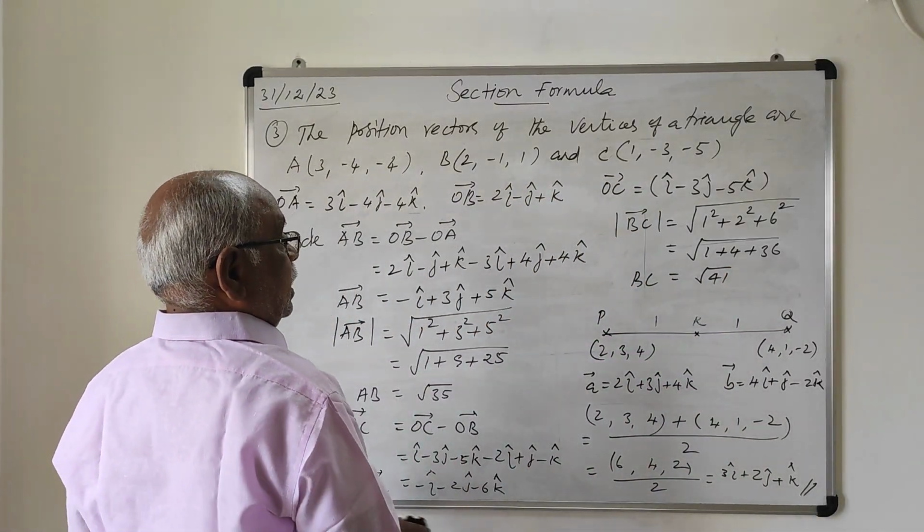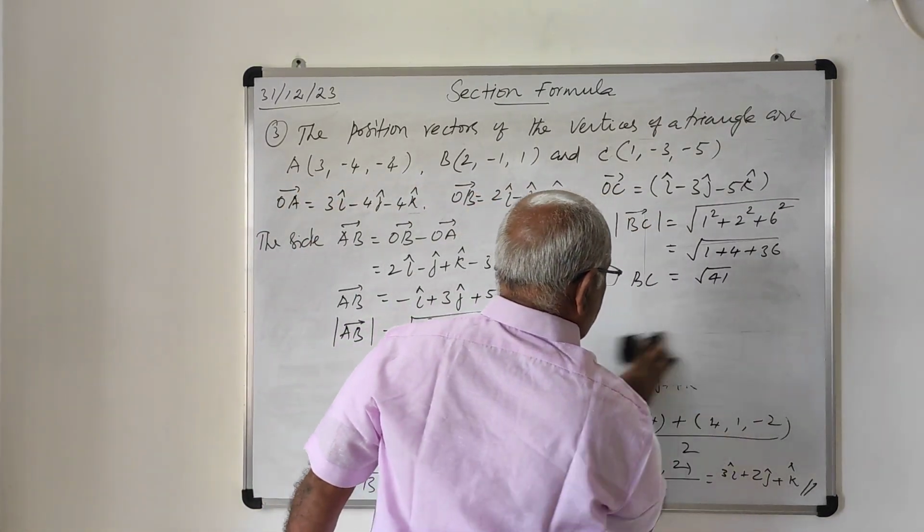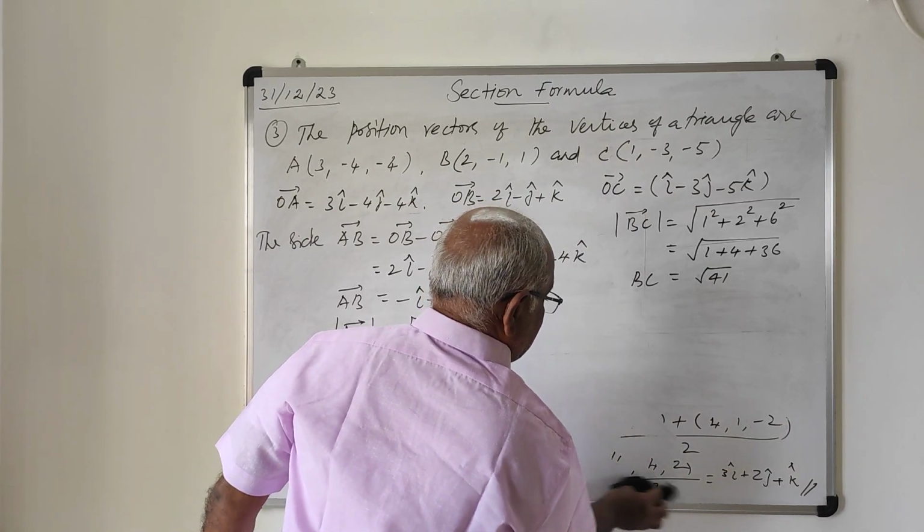Similarly, we have to find out another side AC. AB and BC you have determined. Next, we find the side AC.